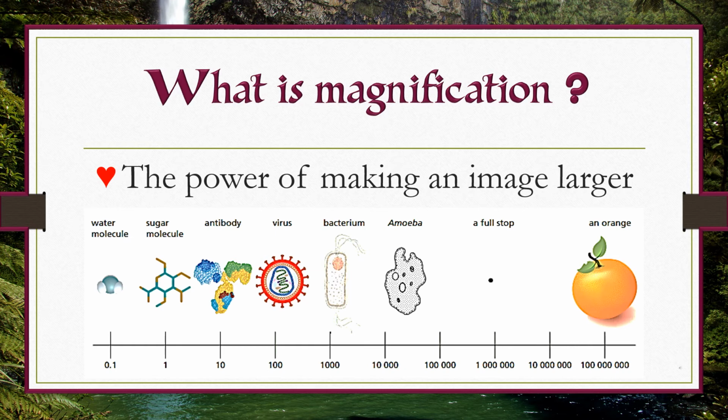The antibody has been magnified by 10, the virus by 100, bacterium by 1,000, amoeba by 10,000, a full stop by 1,000,000, and an orange by 100 million. That's what we call magnification, the power of making an image larger.